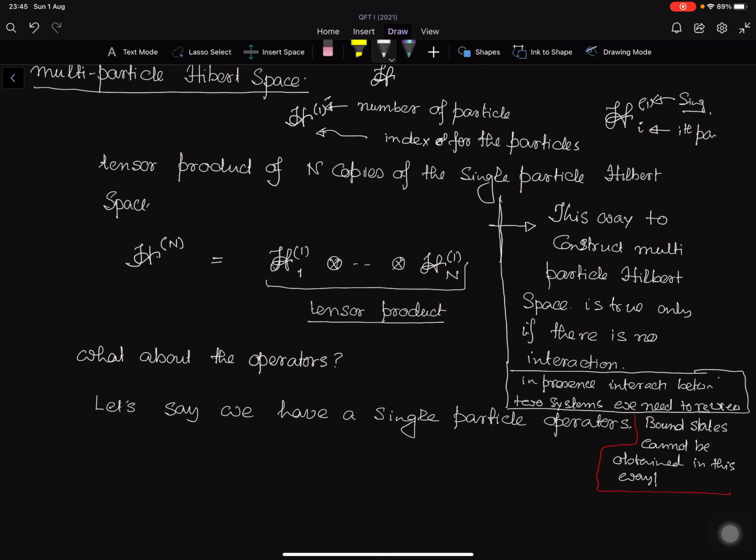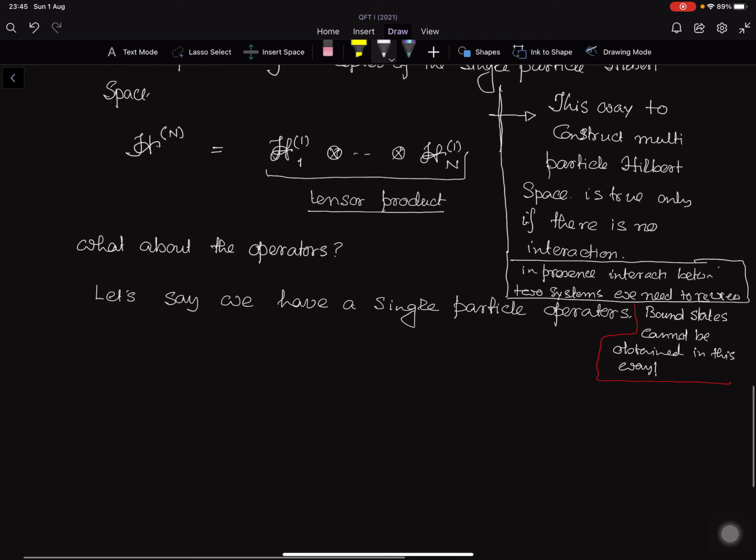So this construction of taking the tensor product of states is not necessarily true in general. This is only true if there is no interaction. Very good. So now let's talk about single particle operators.